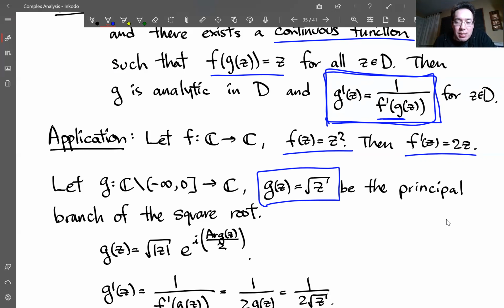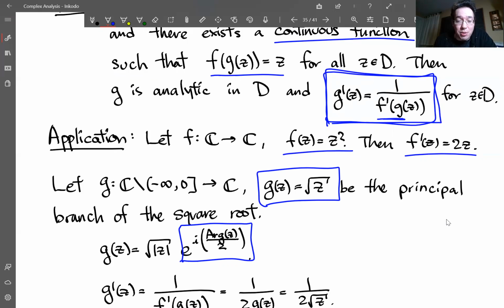Note that the square root of z has 2 branches, right? We take the square root of the modulus, and you can take plus or minus the argument divided by 2, right? Remember, any nth root has n different solutions.